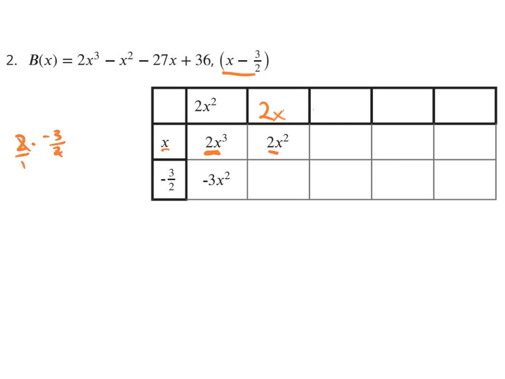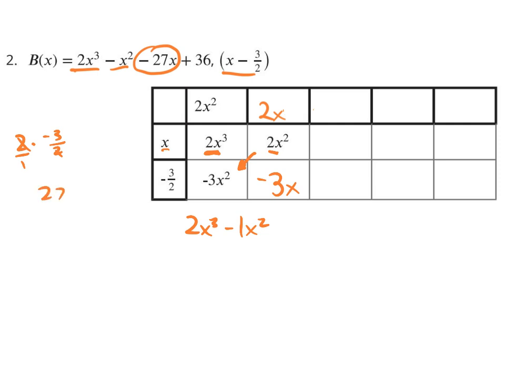Our 2's cancel out, and we're just left with negative 3x. Okay, so now we add on the diagonals. You get 2x cubed. 2 minus 3 is negative 1x squared. That matches, that matches. Now we have to ask ourselves, what adds to make negative 27?